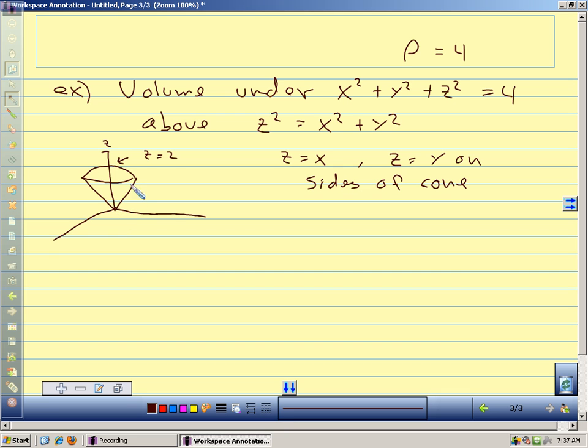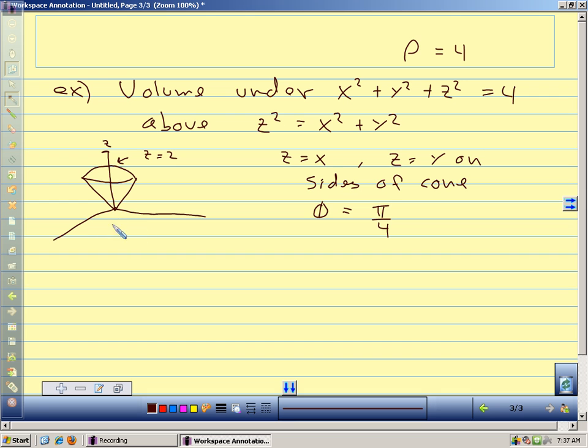So in spherical coordinates, the line z equals y or z equals x tells me that phi equals pi over 4. I'm at an angle pi over 4 from the z-axis. So phi equals pi over 4 on the sides of the cone. And going all the way around the z-axis, theta varies from what to what? 0 to 2 pi.